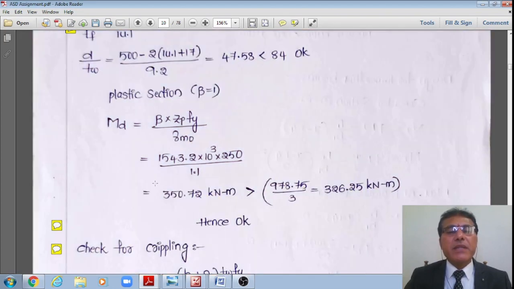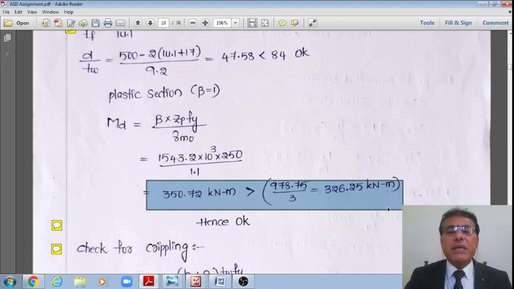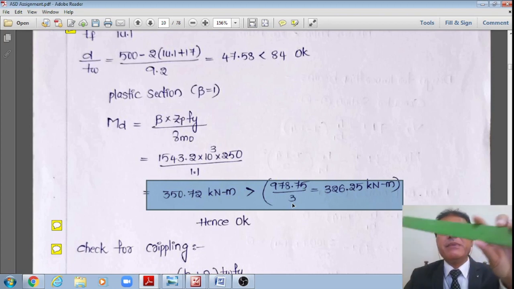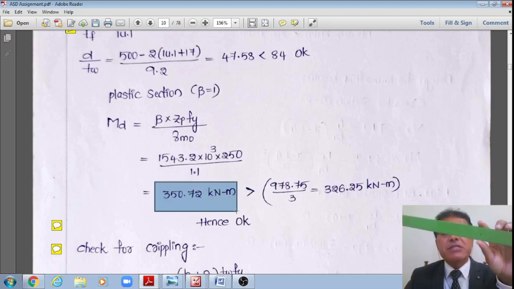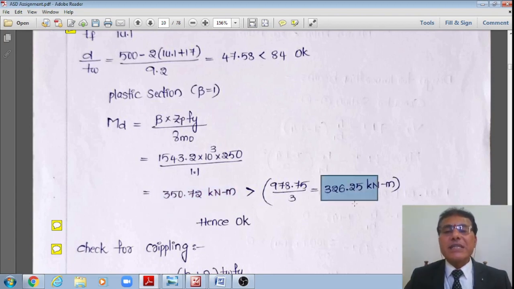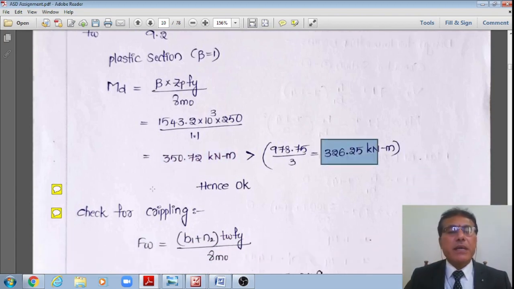It works out to 350.72 kN·m, which is much greater than the factored bending moment, 978.75, shared by 3 beams. That divided by 3 means 326.25. The design moment capacity, 350.72, is greater than 326.25 kN·m. Therefore, it is okay.